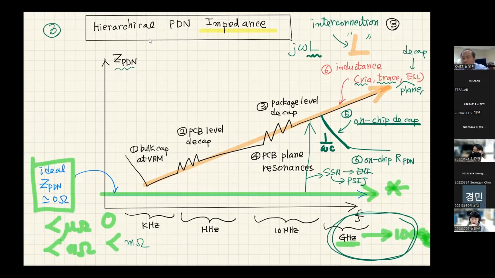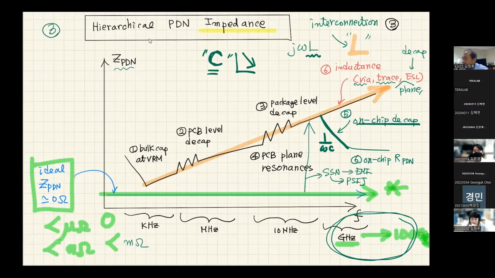That's really the problem. But capacitance, including decoupling capacitor, really will bring down the impedance. The impedance caused by capacitance is 1 over j omega C. So if you add capacitance inside the chip, impedance will come down.